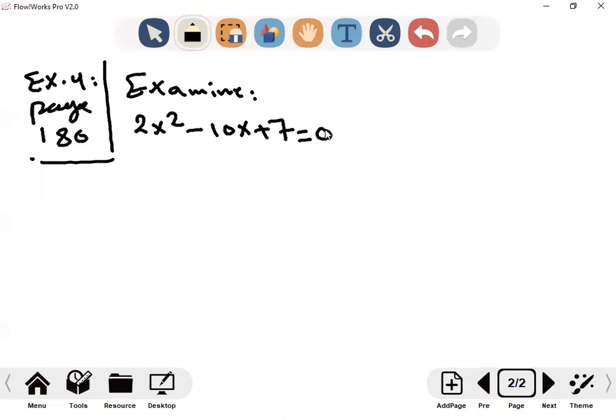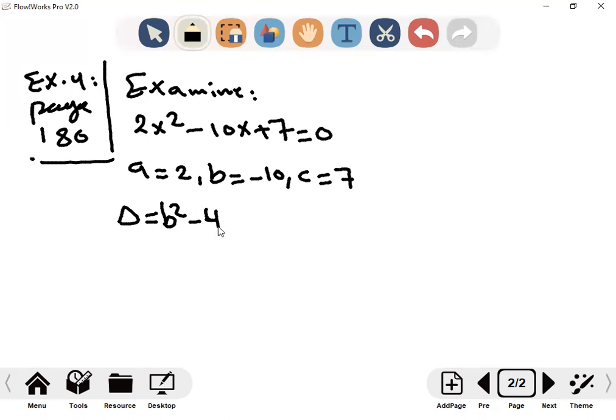So a is 2, b is -10, c is 7. Find delta, because the discriminant tells me what I want. Delta equals b power 2 minus 4ac, which is -10 all power 2 minus 4 times 2 times 7.